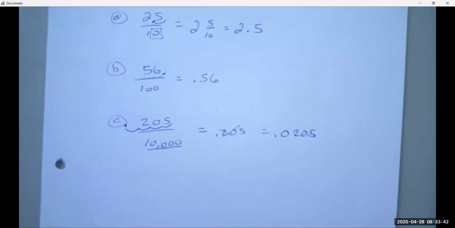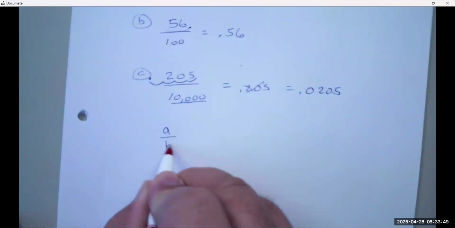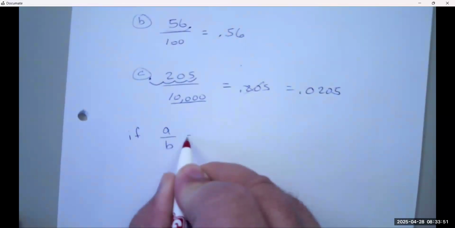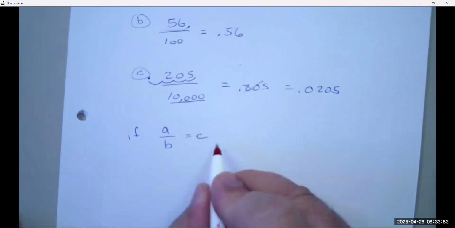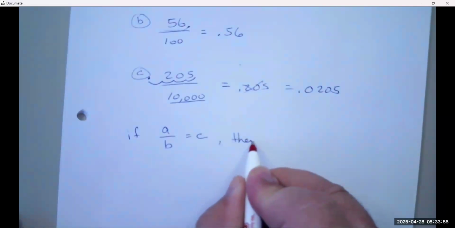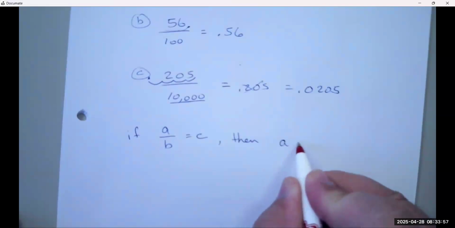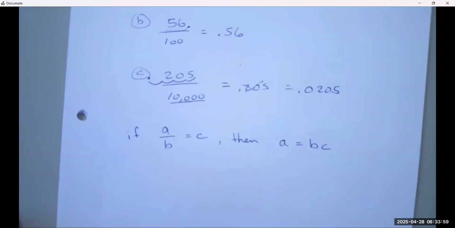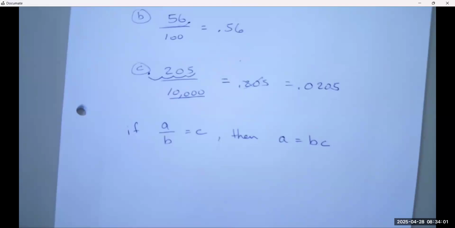Remember the rule of the definition of fractions, of division? If A over B equals C, then A equals B times C. True?